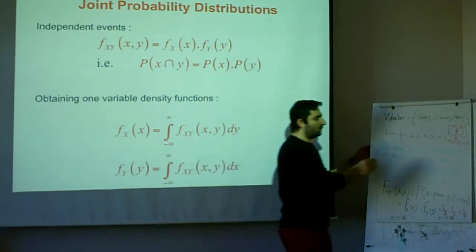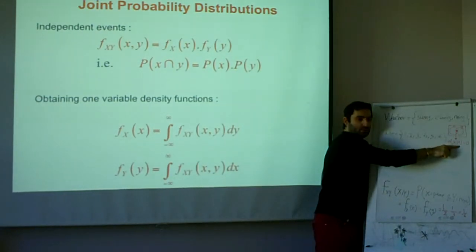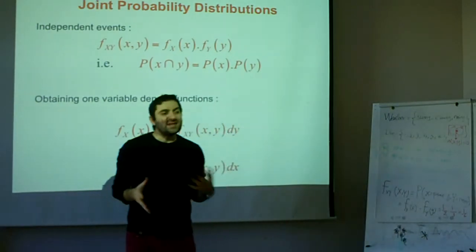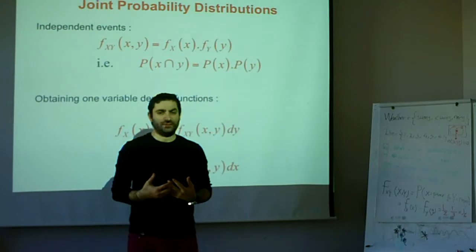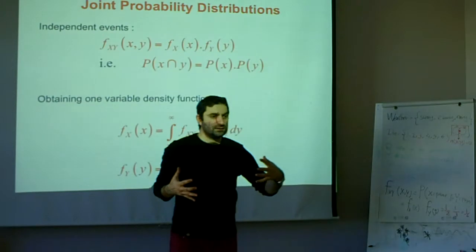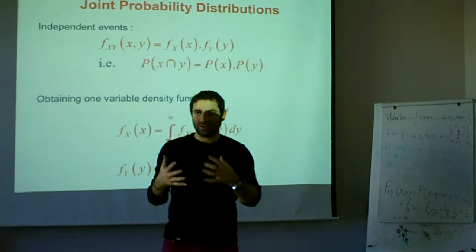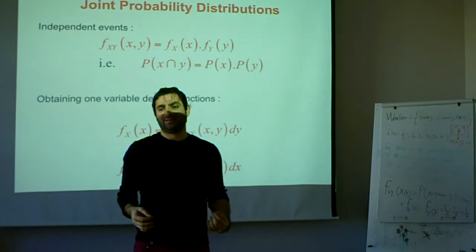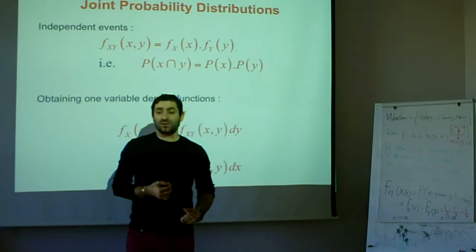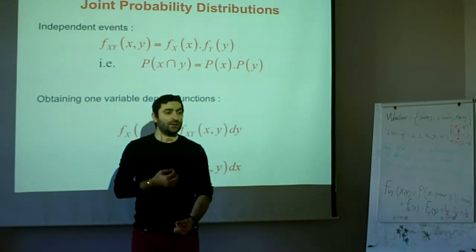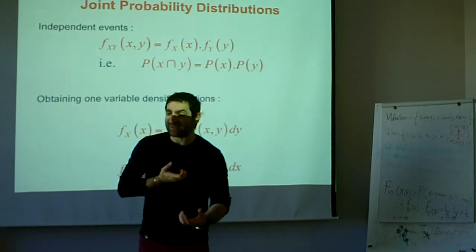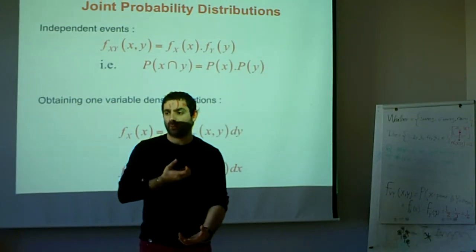Yes or no? I mean, it's not true. When the variables are independent, it doesn't mean that they cannot happen at the same time. In other words, being disjoint, having the intersection 0, means that they cannot happen at the same time. When they are independent, we don't say that they cannot happen at the same time. What it means is that the happening of one is not affecting the happening or not happening of the other one.